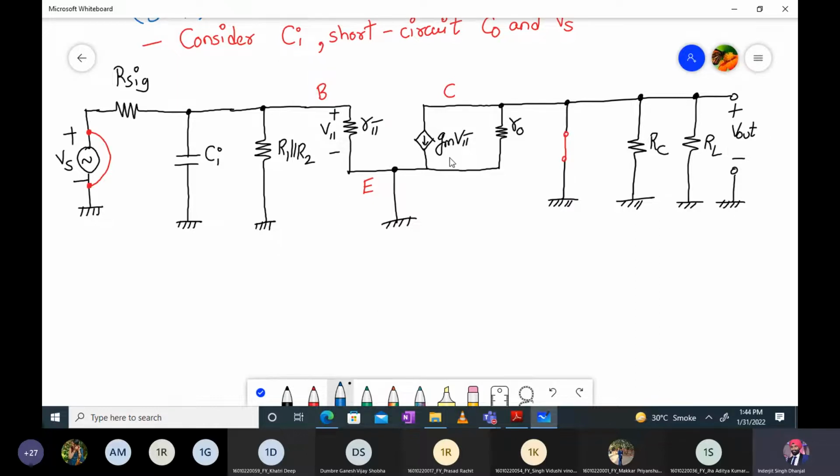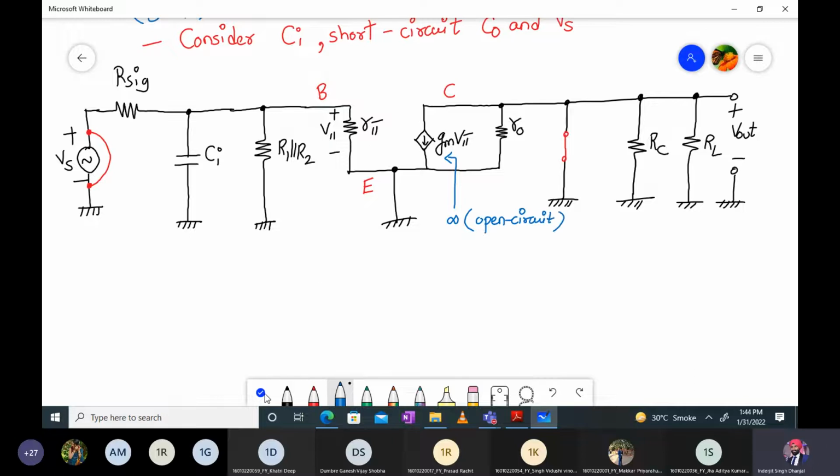Is it infinite or zero? Current source, remember. It will be infinite. Therefore, your current source will be considered as an open circuit.